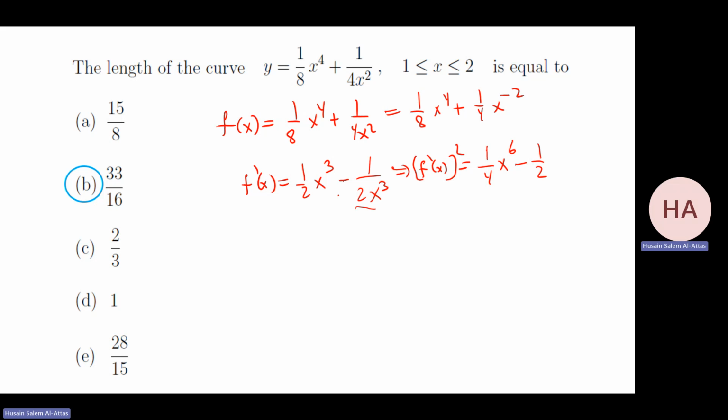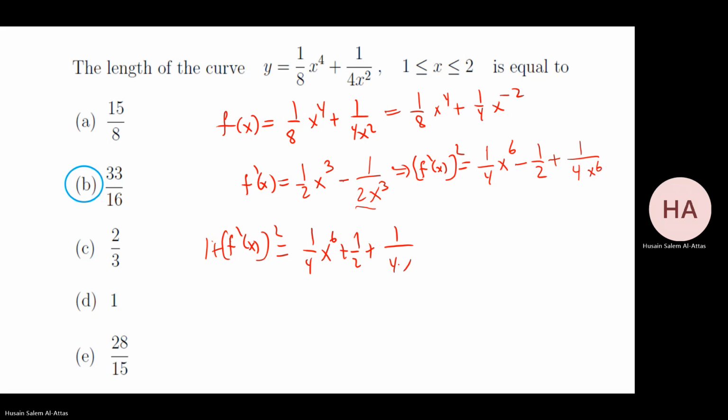This times this gives me 1 over 4 with 2, it will be minus half plus 1 over 4 x to the power 6. Yeah. So 1 plus f prime of x all square will be the same thing plus half, and that gives me the same expression with a plus sign, all square.